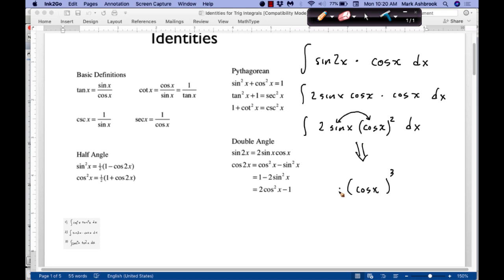We need a 1/3, and we need a negative. Oh, and we need a 2, right? So we have a 2. That 2 just carries down. This 1/3 is for the 3, and then derivative of cosine x is negative sine. So we need a negative sign for the negative sign. Done. Any questions?